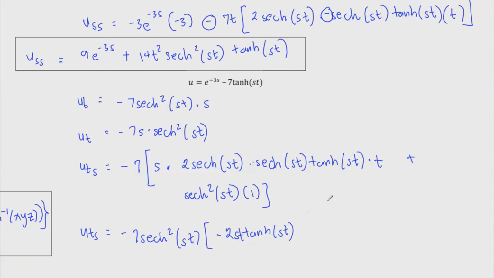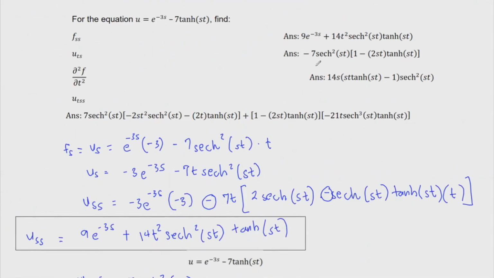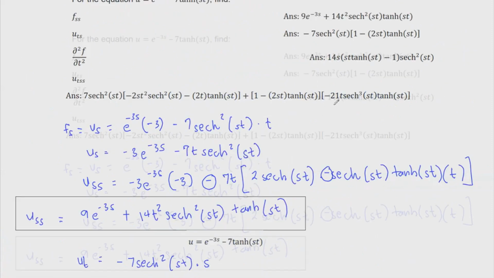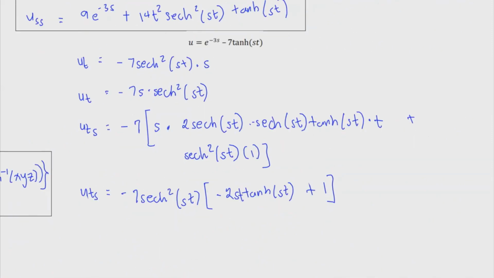So we also have plus 1, because that's sech squared st. Okay, so let's check the answer: negative sech squared st, and then we have 1 minus 2st tanh st. So that's the same.